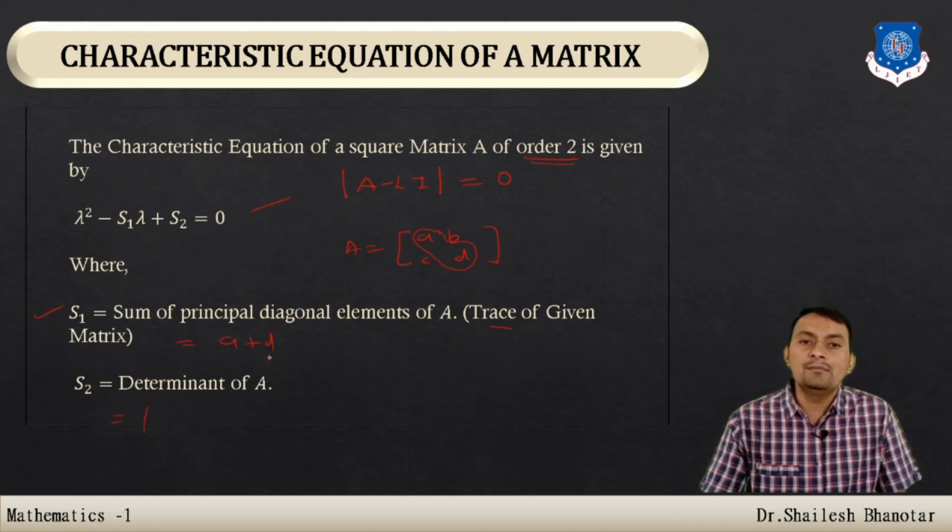How do we determine the determinant of a 2 by 2? Whenever we have order 2 by 2, the determinant will be AD minus BC, and that will be S2. Whenever we replace all these values, we will have the characteristic equation of degree 2. Now you can find the two eigenvalues.